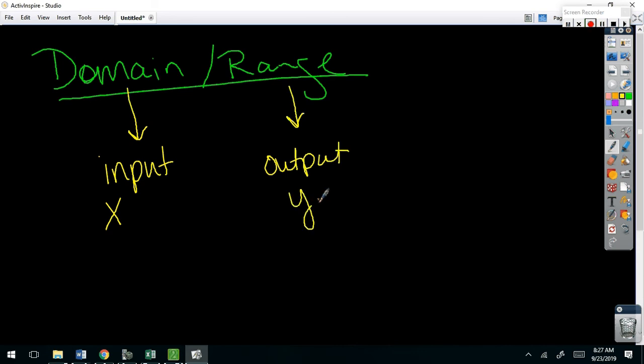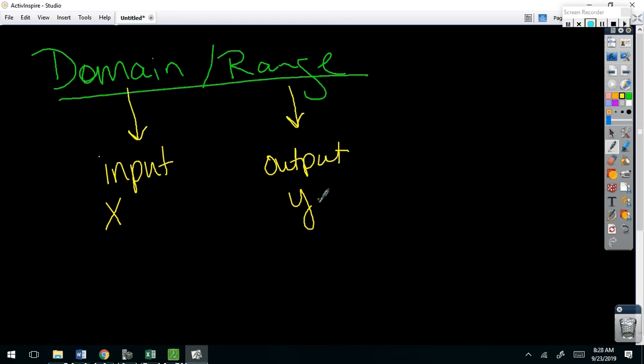But the thing is, it's all the values that they could be for that function or for that graph. Anything that y can be is your range, anything that x can be is your domain. We're going to describe this in interval notation. You've already tested on that. I showed you that, with the brackets and parentheses and infinities.